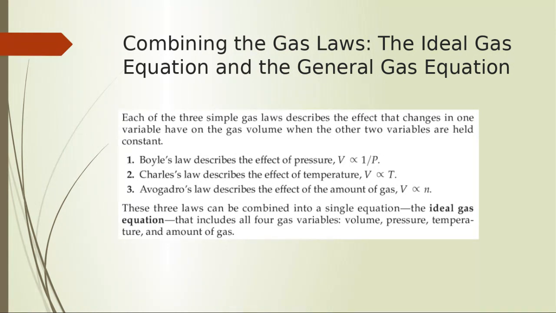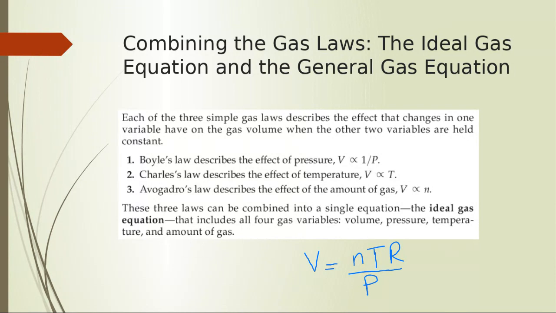For example, Boyle's law compares volume with the pressure, the second one, Charles' law, compares volume with the temperature, and the third one, Avogadro's law, compares volume with the amount of gas. Consequently, the volume is directly proportional to n and T, and inversely proportional to P, and we have R, the constant for gases.